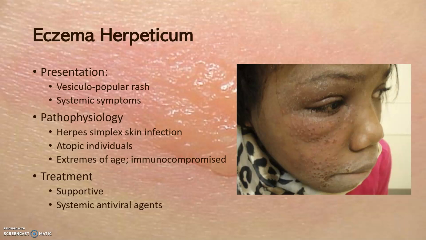It occurs at the extremes of age and in immunocompromised patients, and actually can be life-threatening. Treatment is generally supportive, and the use of systemic antiviral agents against the herpes simplex virus.